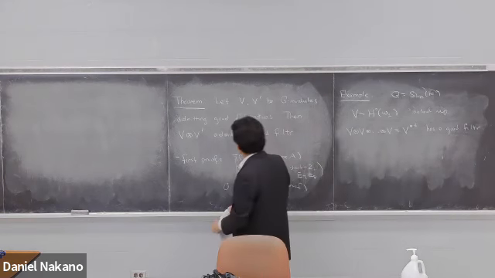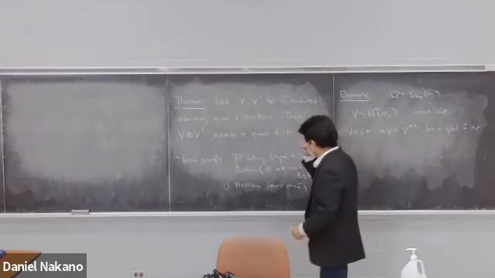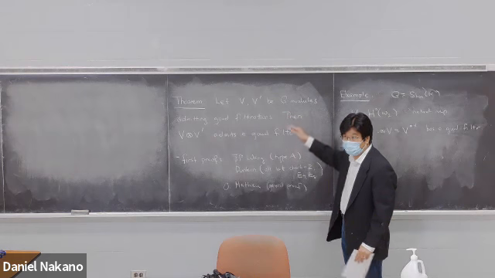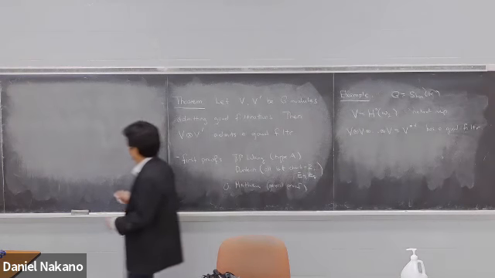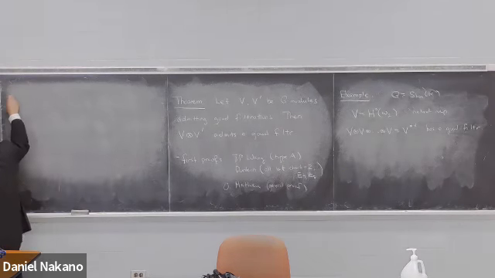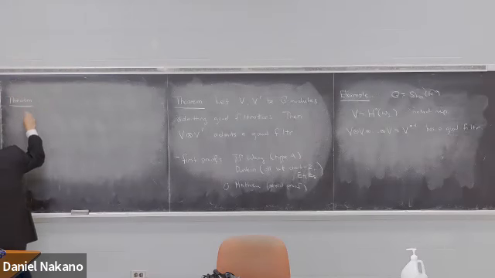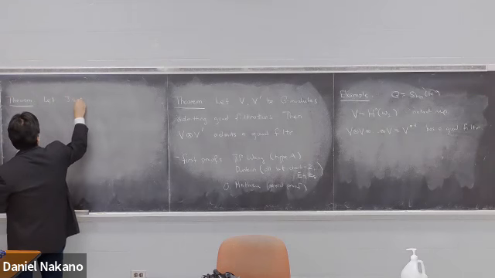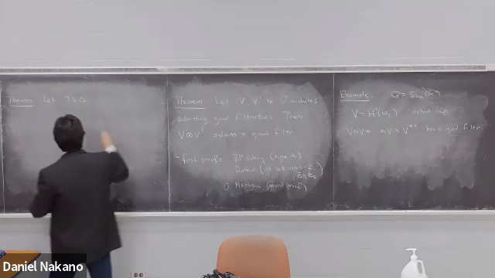So it turns out that if I take a module which has a good filtration and restrict it down to a Levi factor, it's going to have a good filtration too. So here's a theorem. Let J be a subset of the simple roots.